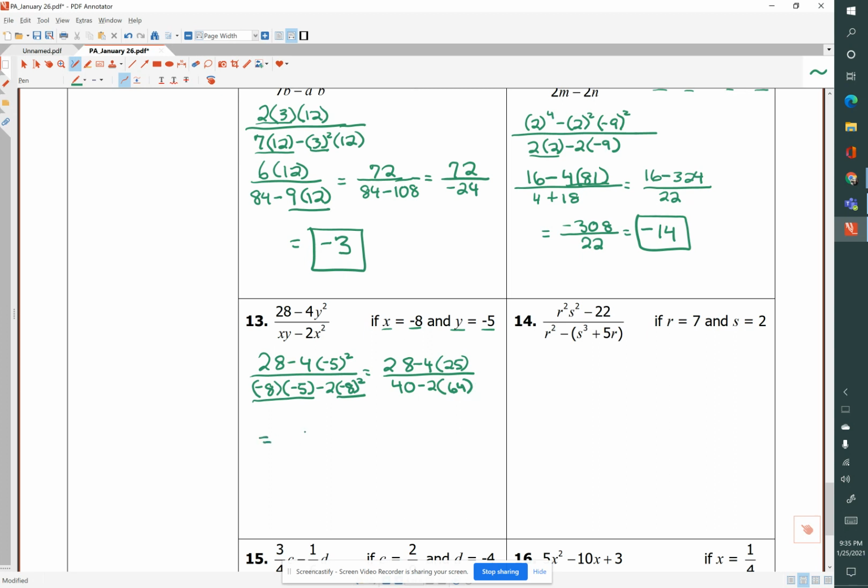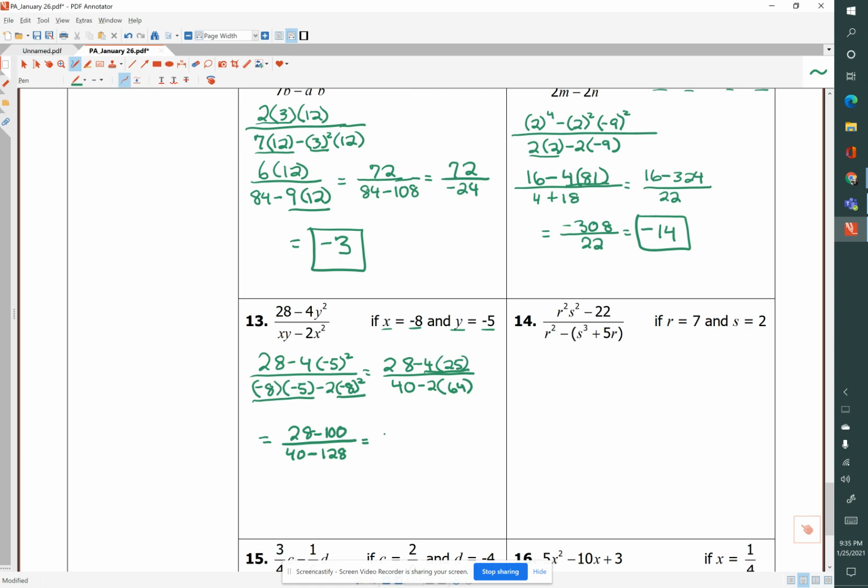Next, going back to the numerator, we have -4 times 25, so 28 minus 100. And in the denominator, 40 minus 2 times 64 is 128.